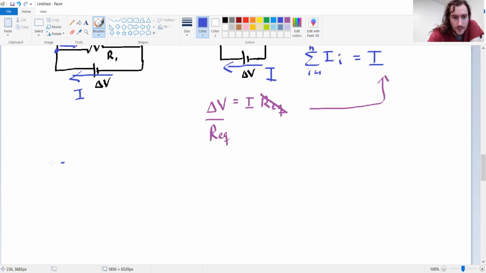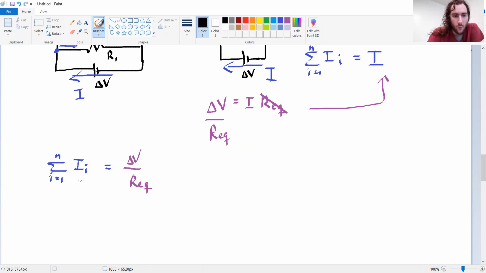So that I have the sum over each of these currents from 1 to n is equal to delta V over Req.